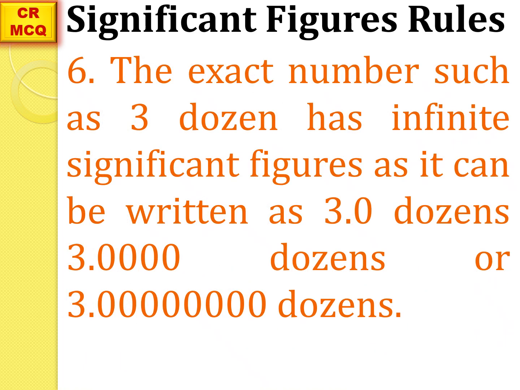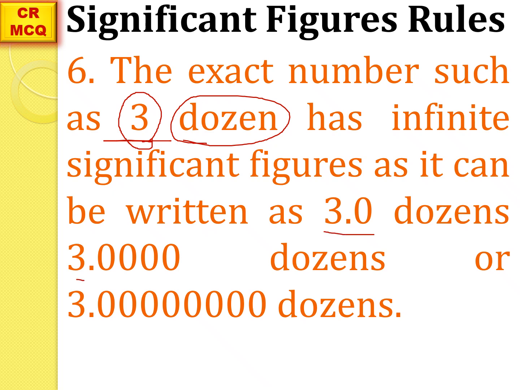Next rule, exact numbers such as 3 dozen. 3 represents the quantity, dozen is the unit. Such figures have an infinite number of significant figures, because if you write 3.0, it also means 3 dozen.